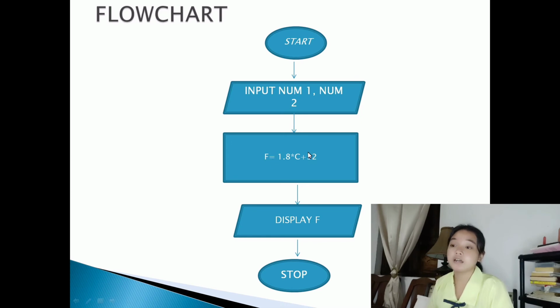So Fahrenheit equals 1.8 multiplied by Celsius plus 32. Then display the given function by using another parallelogram, which serves as the output. Then stop. So this oval right here is not only a starting point, it can also be used as the stopping point. So we will proceed to the coding.